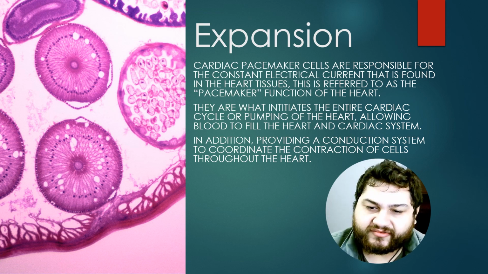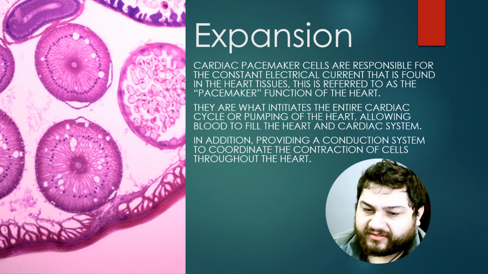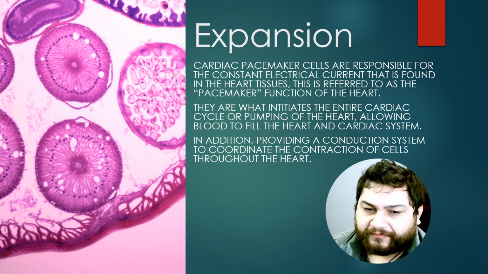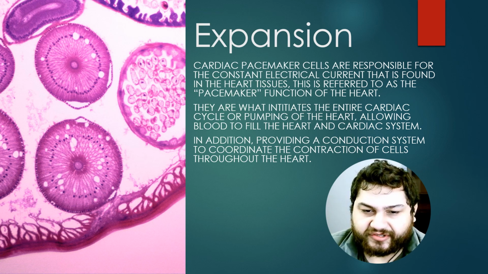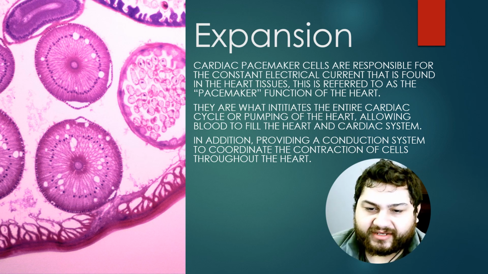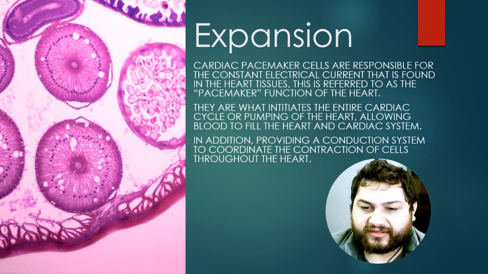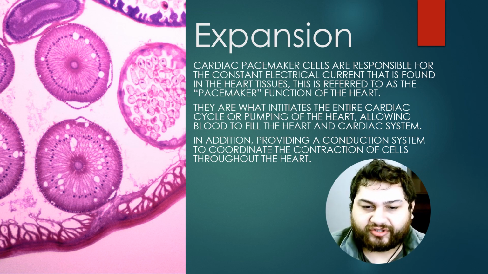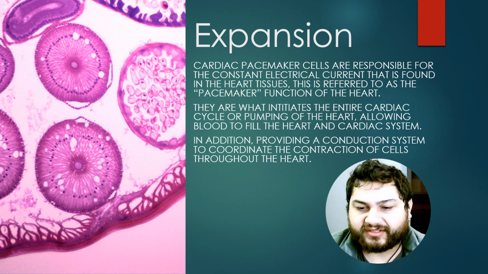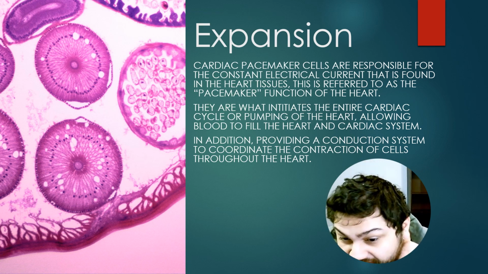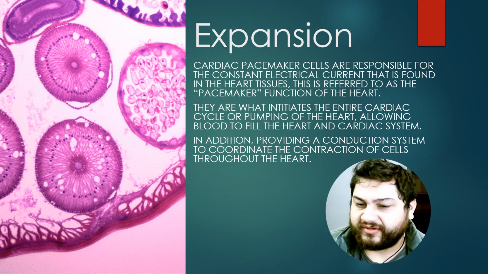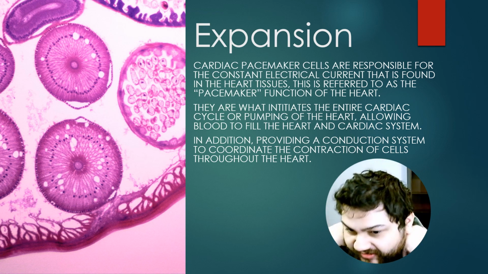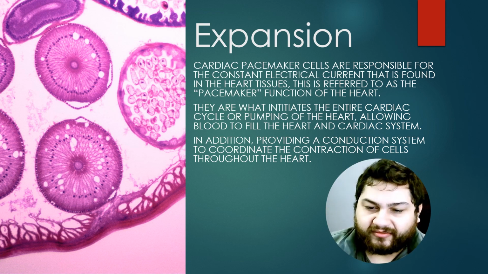There are a lot of factors that determine the action potential of the autorhythmic cells. In addition, they provide a conduction system to coordinate the contraction of cells throughout the heart. Basically, the action potential and coordination of these types of cells are what allow the heart to pump as specifically as it does, and at the rate that it does.